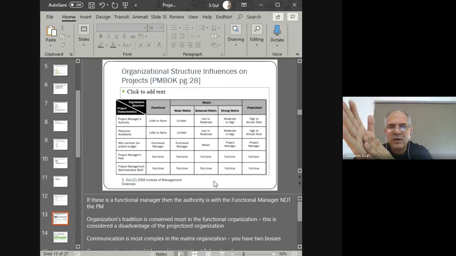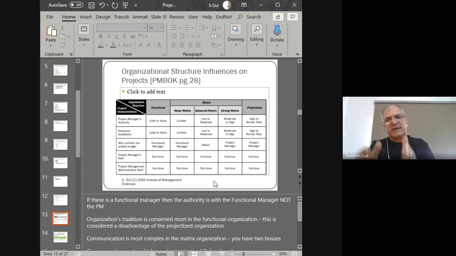The strong matrix thought originated when the problems with the balanced matrix came up, and the founders or project managers were trying to come up with yet a new type of hierarchy named the projectized hierarchy. So the strong matrix, in essence, is pretty much the same as the projectized hierarchy for the purpose of our class, and it is an attempt on the way towards the projectized.